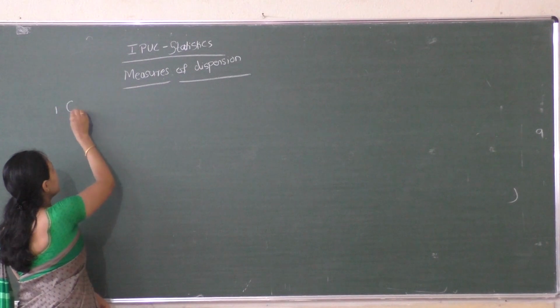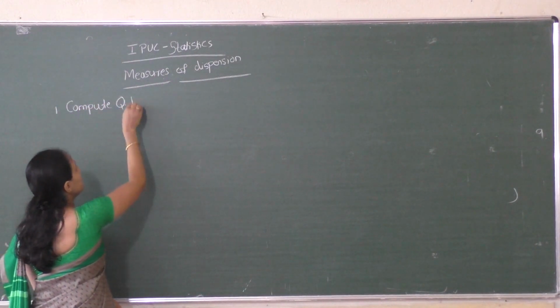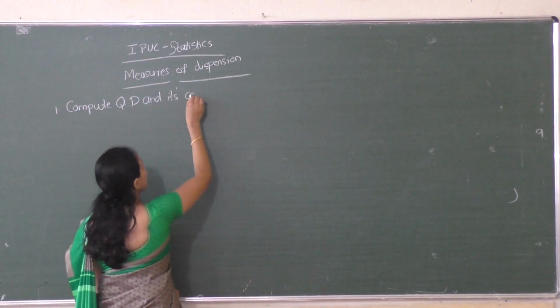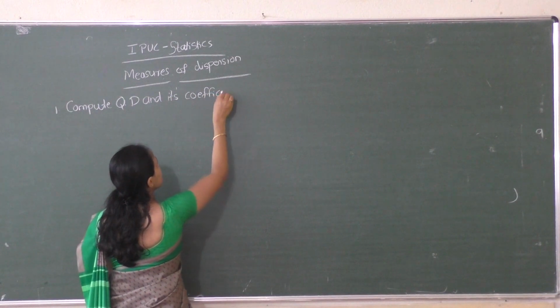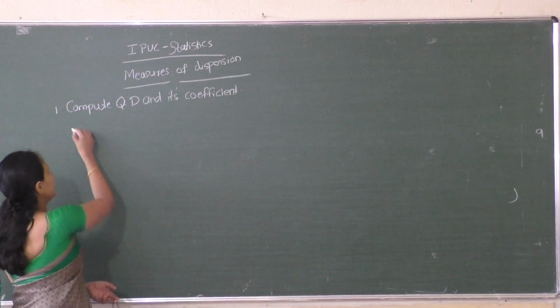First one: compute quartile deviation and its coefficient. Class intervals and frequencies are given here.